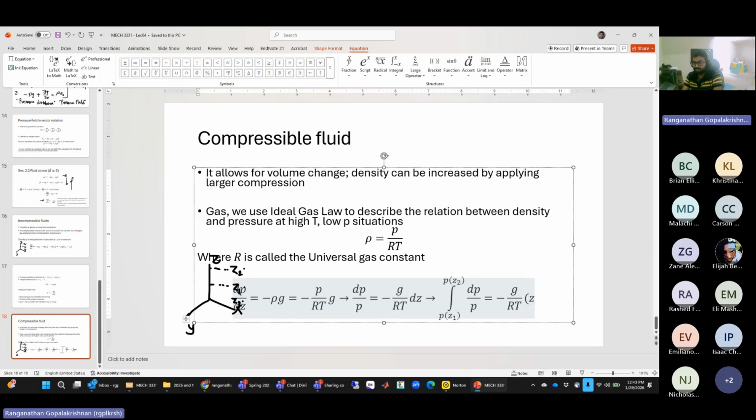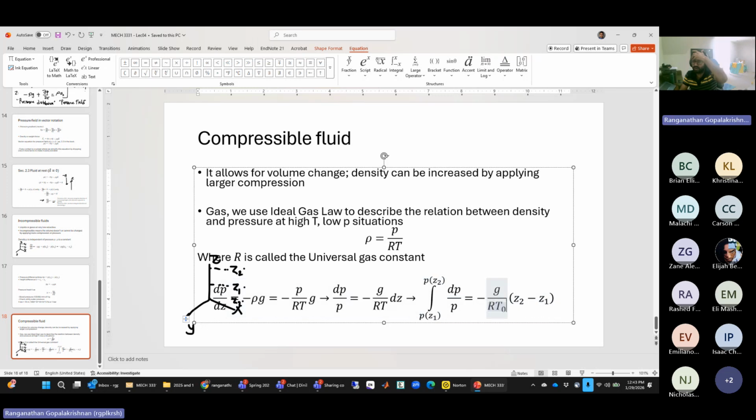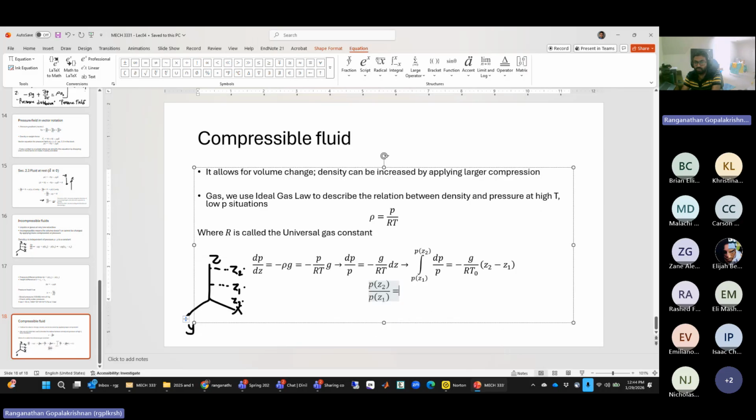Integral of dz is like Z2 minus Z1. T naught, so that we know it's a constant, not a variable. Okay, so then you can write the next step, which is the pressure at Z2 over pressure at Z1 must be equal to the exponent of this term here.